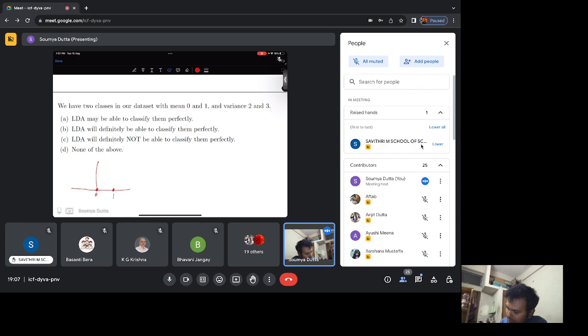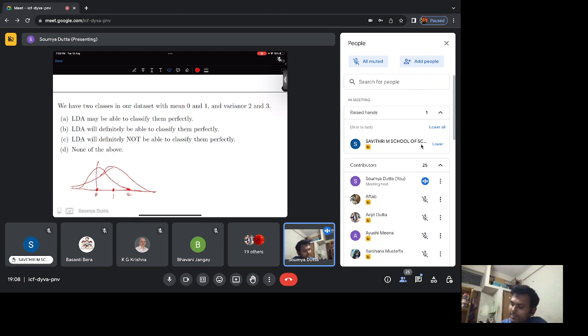So variance of 2 may be like this. And you have another class which has a variance of 3. So 1 minus 1, so it will go somewhere like this. Suppose these are your two data distributions.